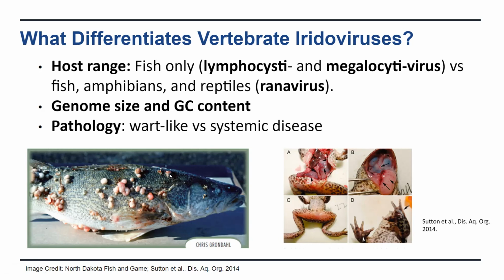Whereas fish and reptiles and amphibians that are infected by ranavirus and megalocytoviruses develop a systemic disease that involves a lot of internal hemorrhages of internal organs, petechial hemorrhages, skin sloughing, and a variety of other things. So there's clearly differences in host range, genome size, and pathology among these three genera.